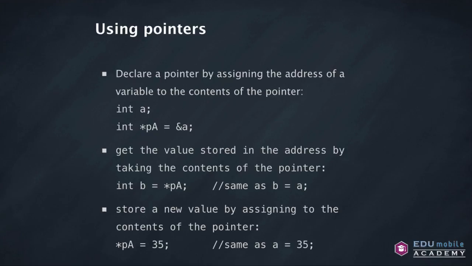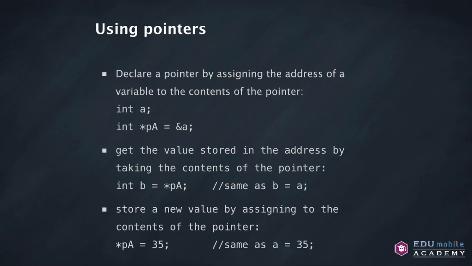Now, that makes sense. If we just have two variables, A and B, and I make A equal 1, and then I say B equals A, now B equals 1. Now if I say A plus plus, we would assume that B still equals 1, but A now equals 2.